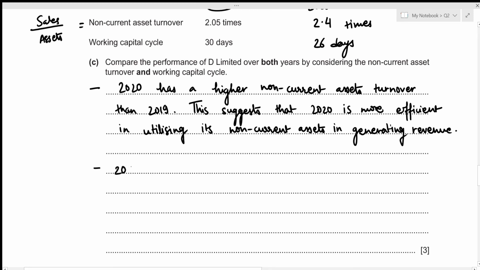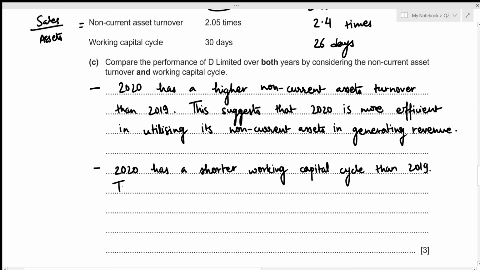2020 has a shorter working capital cycle than 2019.